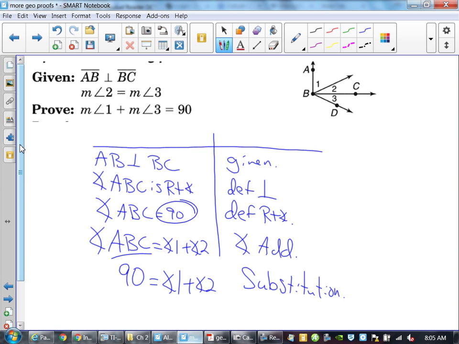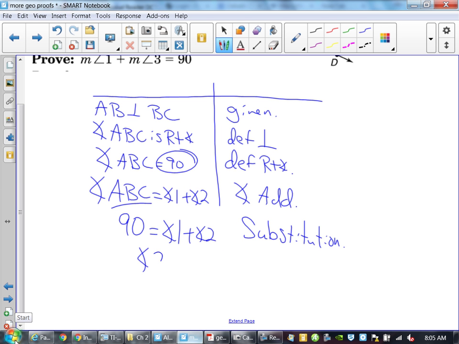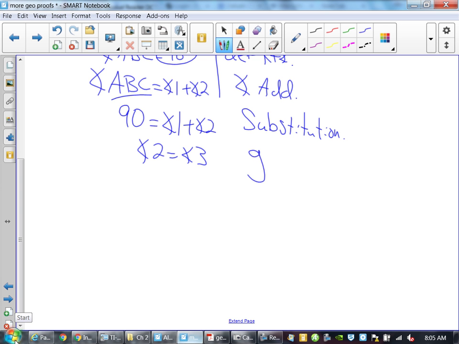What's the next given? Angle 2 equals angle 3. What do you think the next step is? Substitution. Very good. Now I have 90 equals angle 1 plus angle 3. Again, substitution.